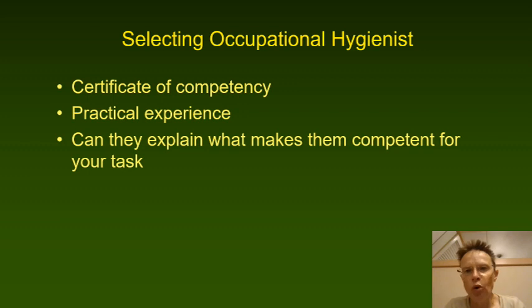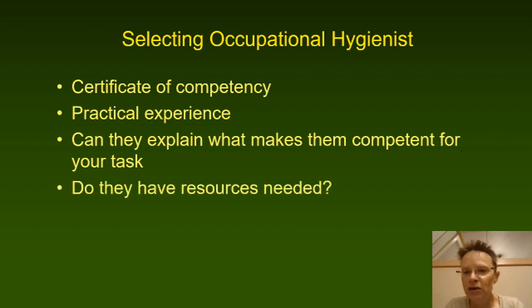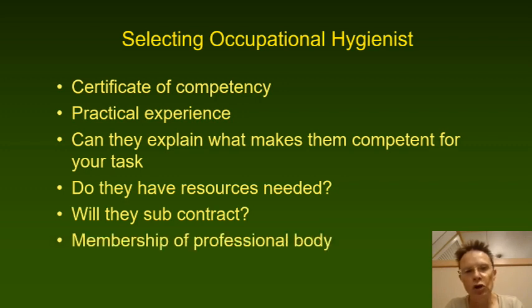Can they explain what makes them competent to do your particular task? Do they have the resources? That's the time. Do they have the equipment? Do they have the software? But also, do they have laboratories that they can use to get those samples analysed if they need to? Will they subcontract? You might appoint a competent occupational hygienist, but you want them to attend rather than them subcontracting to somebody who may not be as professional or as competent.